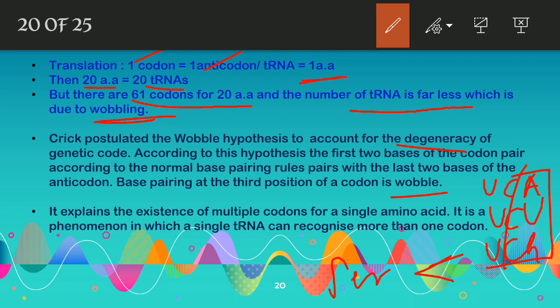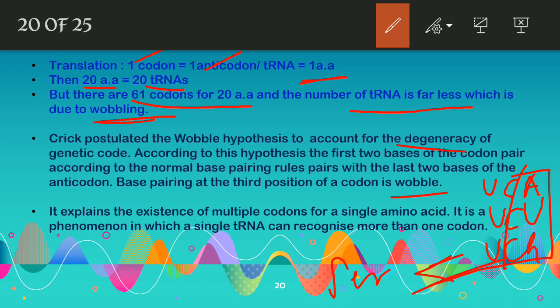So sometimes in our body, one or two different tRNAs will have different varieties of amino acids coming due to the position of a particular codon, because each codon represents a particular amino acid, but slight variation of the codon in the third position doesn't change the amino acid, and that particular codon also codes for the same amino acid, as seen in this case of serine. It explains the existence of multiple codons for a single amino acid.